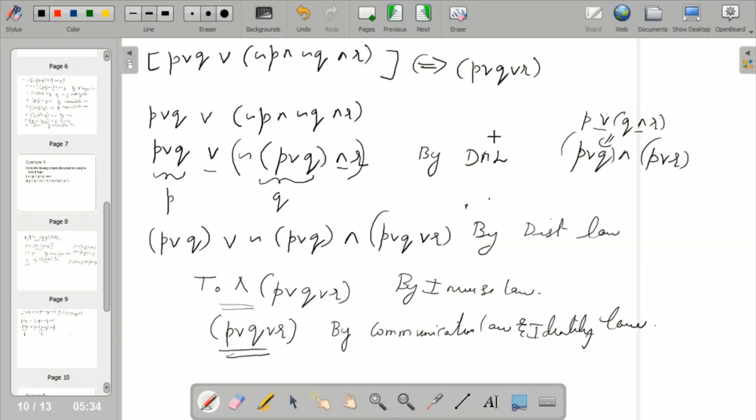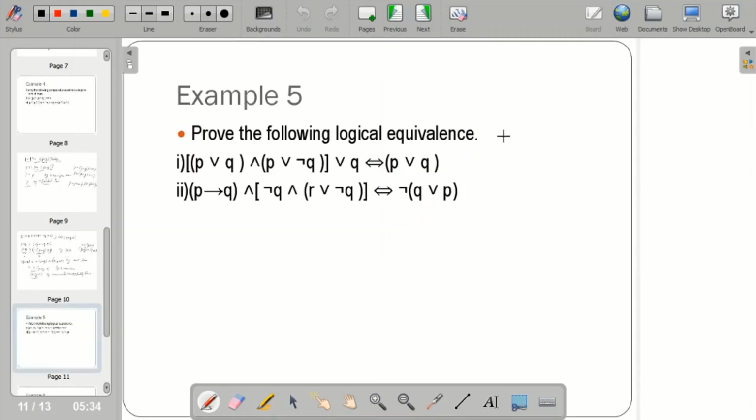So this is regarding the second question of the second part. Next is regarding example 5. Prove the following logical equivalence. So let us solve the first one.